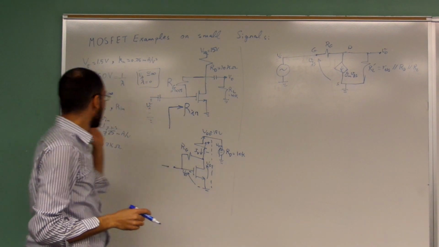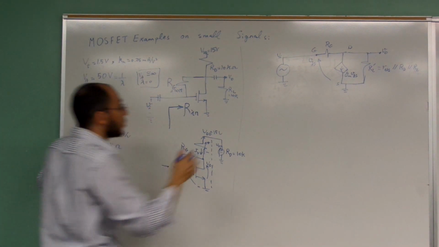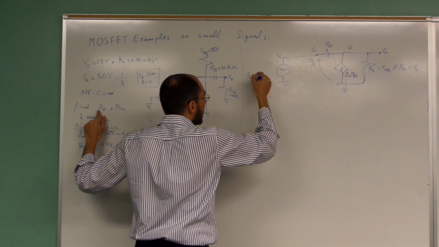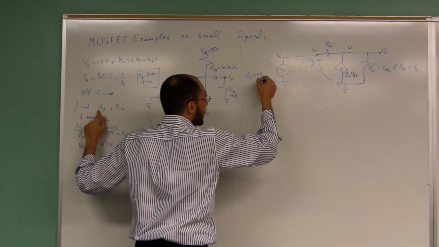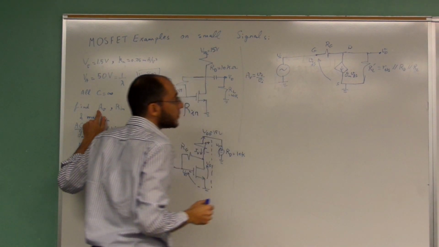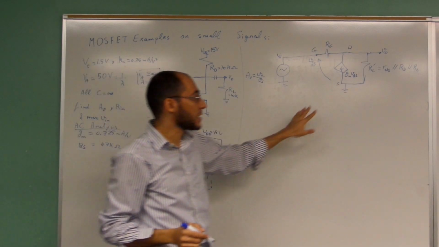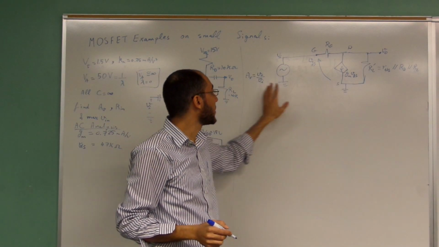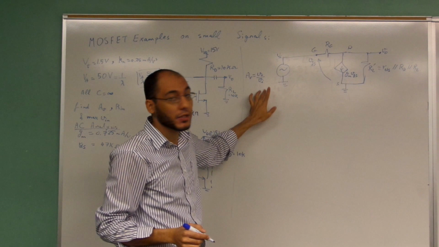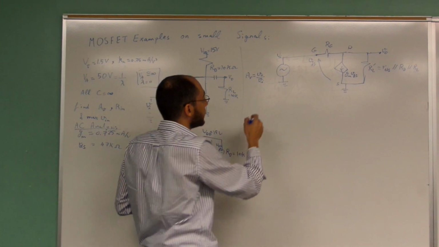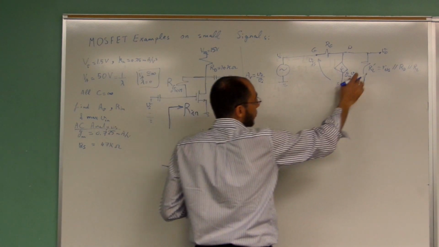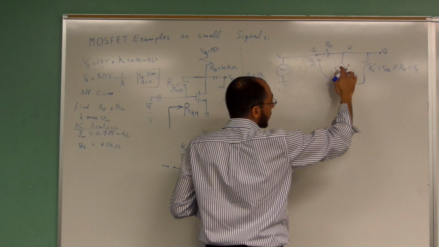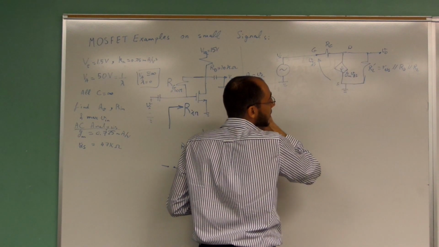So, what is required? Required to get AV, which is V output over V input. Let's do the analysis and find what the value of V output is as a function of the input. So we start with this terminal. You have a current passing through.